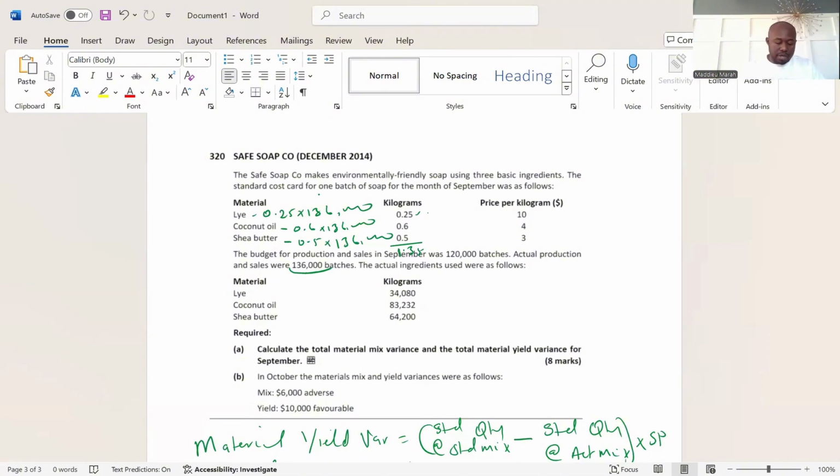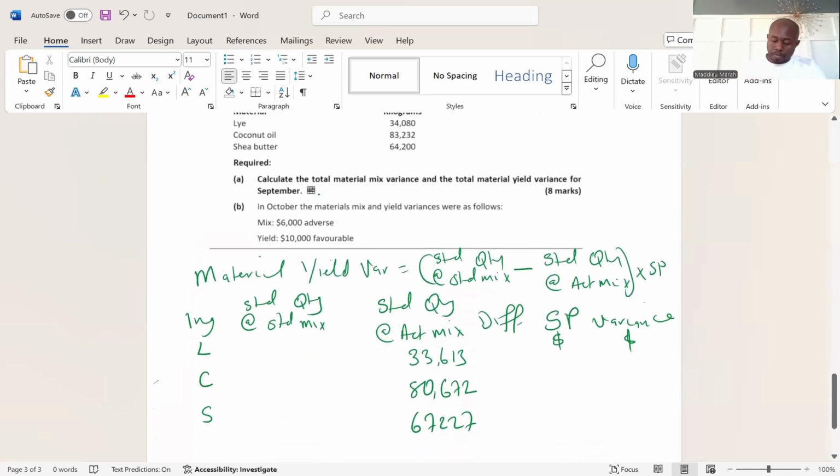So what's my figure here? 0.25 at 136,000 will give me 34,000. So for the first one, I have 34,000 minus 33,613. My difference here is 387. I would advise you to pause the video, complete everything, and continue the video to reconcile your answers.